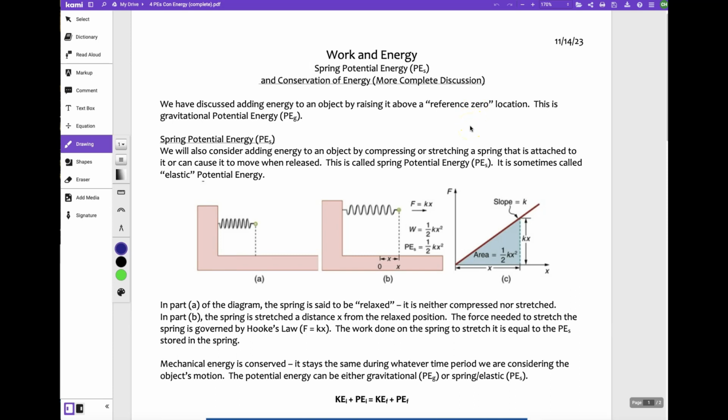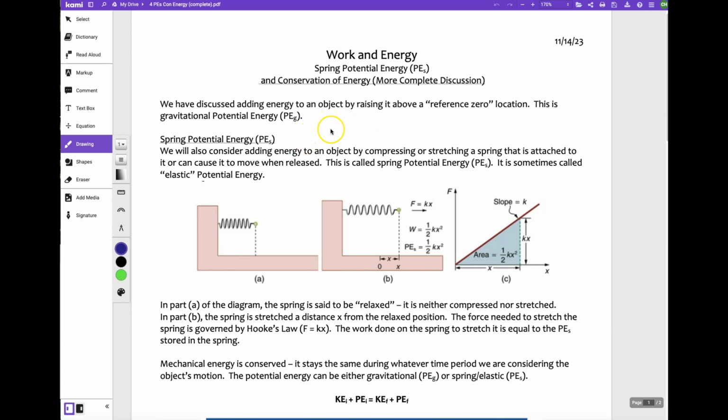But here is kind of what this page is talking about. The first thing they start talking about is spring potential energy. If you've ever taken a rubber band and stretched it and then let go of it, but you're still holding on to the other side, you know that a spring, or anything that acts like a spring, like a rubber band or a bungee cord, has energy because it hurts when it comes back and hits you.